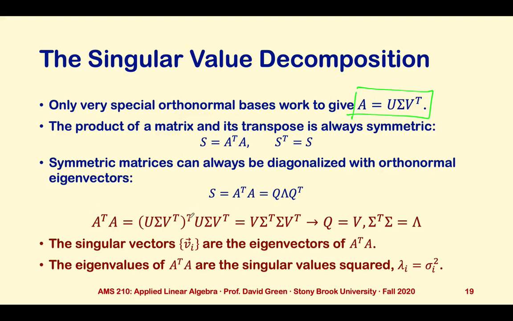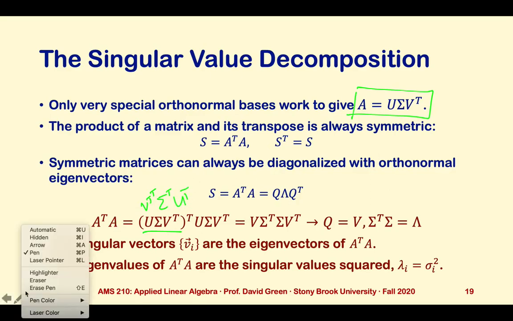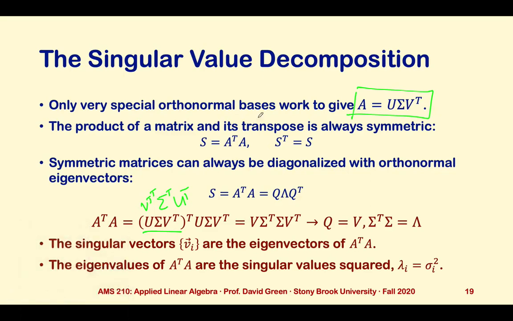When we propagate this transpose through this product, we reverse the order and apply the transpose to each element: V, sigma transpose, U transpose. Of course, that is multiplied by U sigma V transpose. And this U transpose is then going to be multiplied by U.